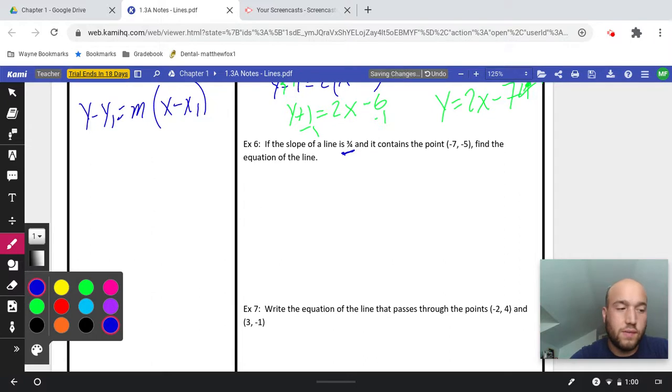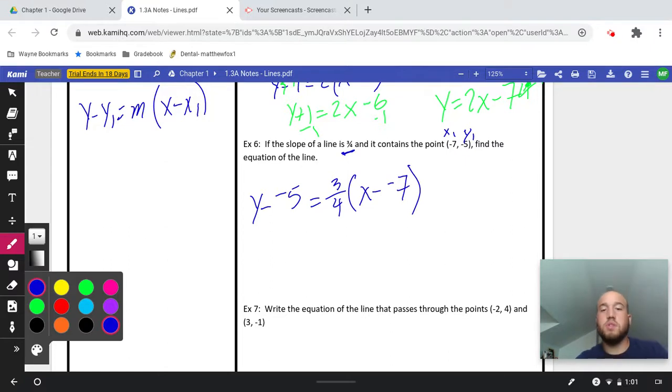Okay, so what we can do, still set it up the same. So y minus the y value, which in our case is y1, x1. So y minus -5 equals 3 over 4 times x minus -7. Now, it's up to you. You can either distribute that in and keep it, or some of you probably prefer to clear your fractions, okay? If you know what I mean by that, that's fine. You can do that.